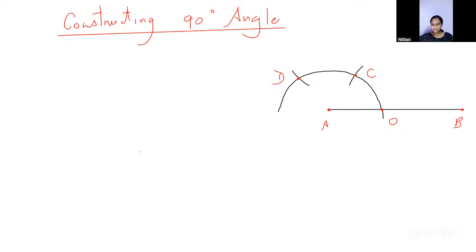So make it a little wider, put your compass pointed end on C and cut an arc here. Then put your pointed end on D, pencil above, and cut it here. So this will give you a point here.